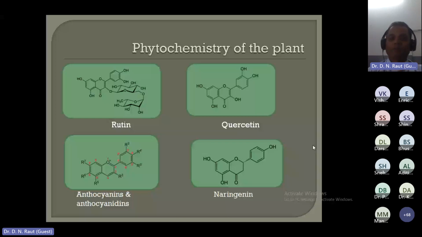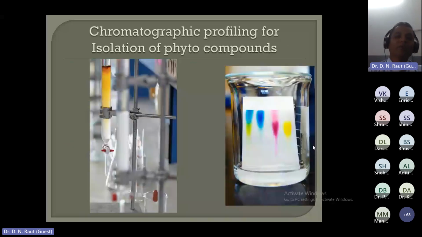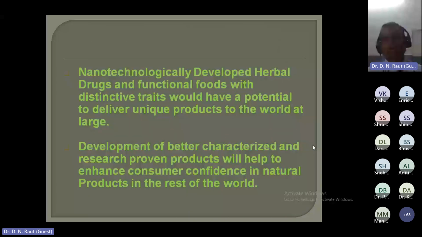The technique we normally use here is a chromatographic technique for plant-based drugs to carry out the research work using nanotechnology. So this is why nanotechnology is used in herbal drugs.